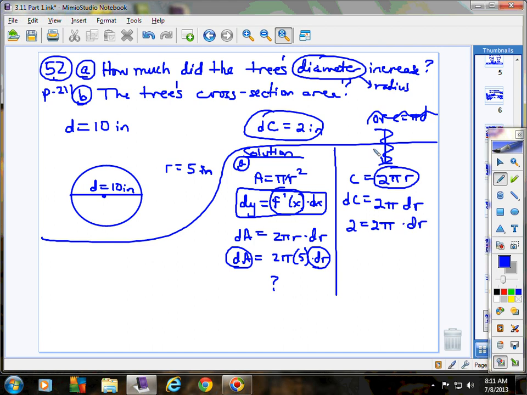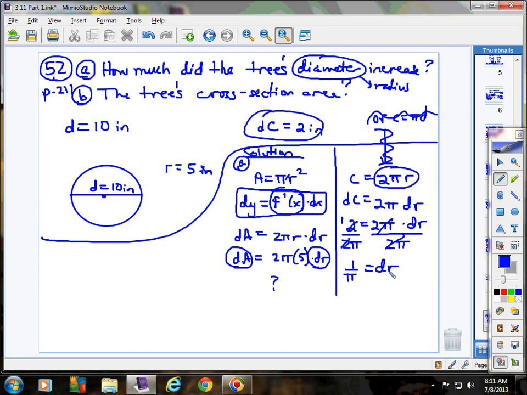And it's sort of what we're looking for, because we're looking for a change in the diameter, but if we can get a change in the radius and then we can just double it, we'll be in good shape, won't we? So let's divide both sides by 2 pi. So 1 over pi equals dr. How much did the diameter increase?